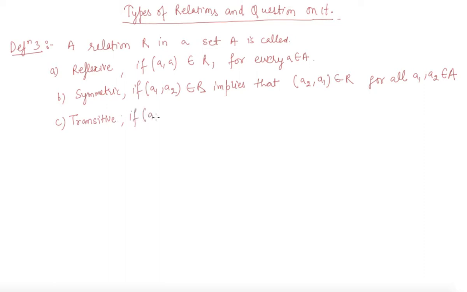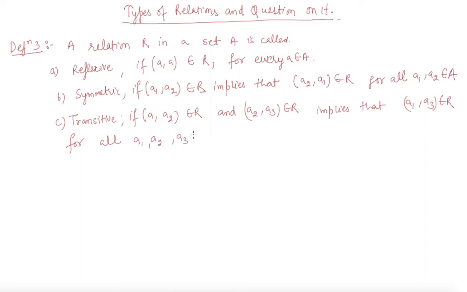If (a1, a2) belongs to R and (a2, a3) also belongs to R, implies that (a1, a3) belongs to R, for all a1, a2, a3 belonging to A.